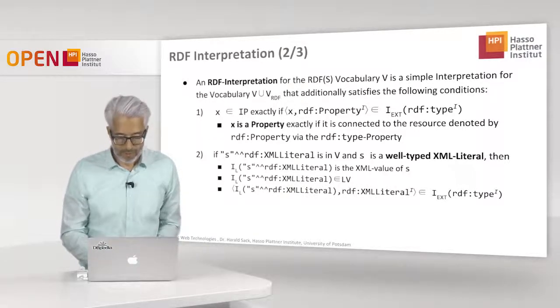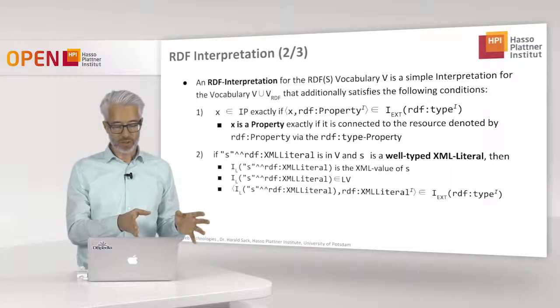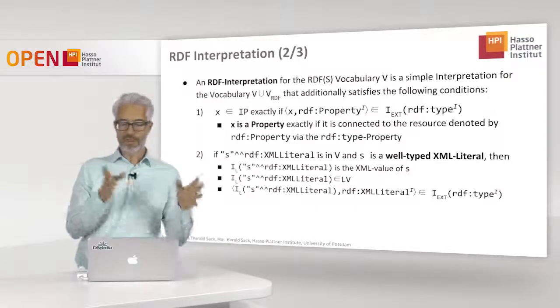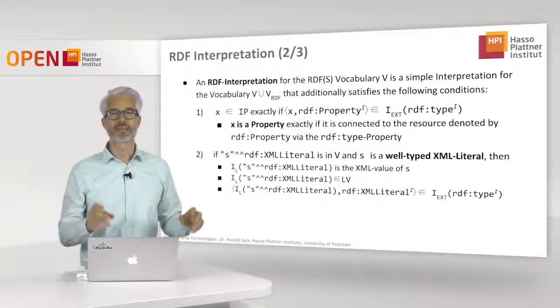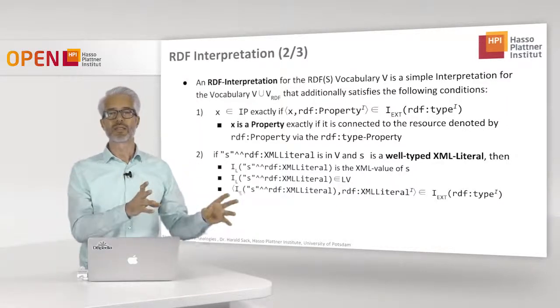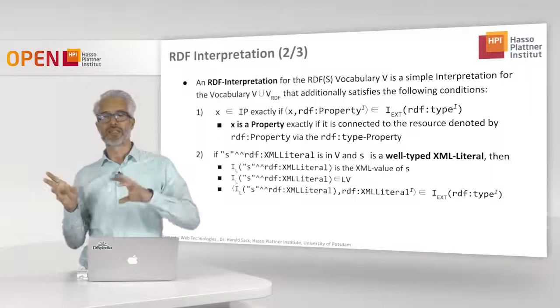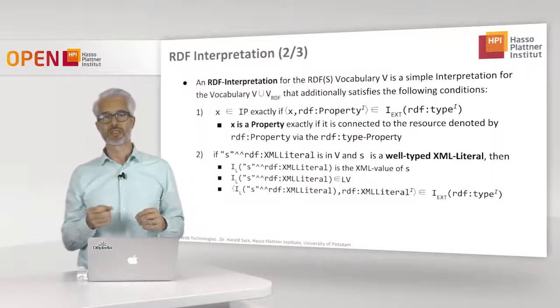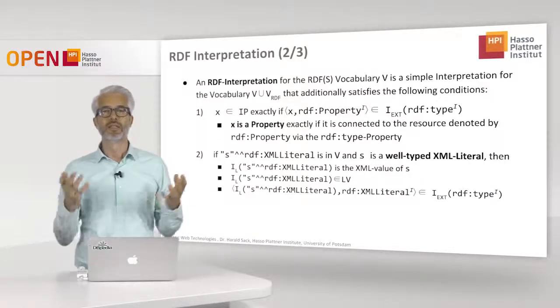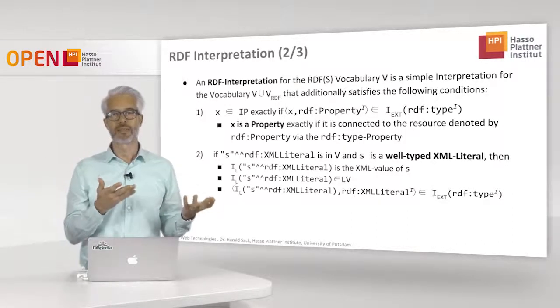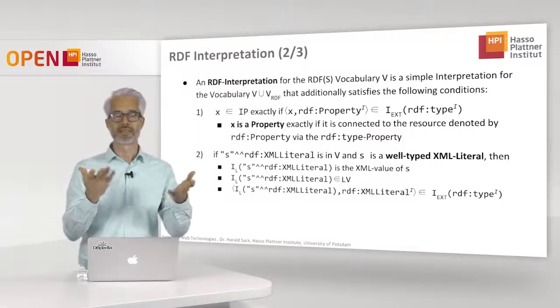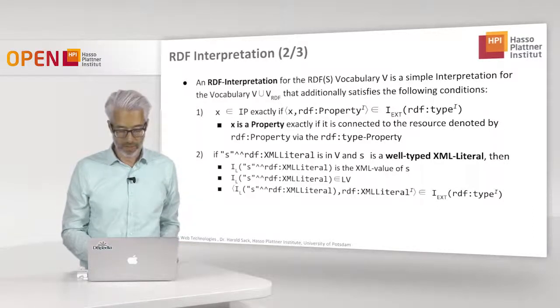This is of type literal. So you must again have this mapping in the extension function of your type. So exactly this is also the literal value; the typed XML literal is of type XML literal. Nothing more to say about that.